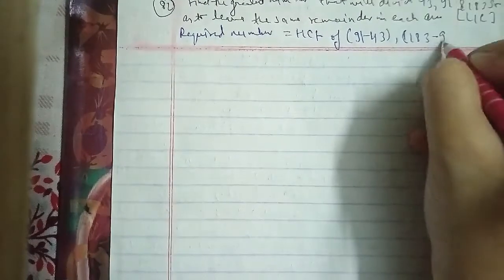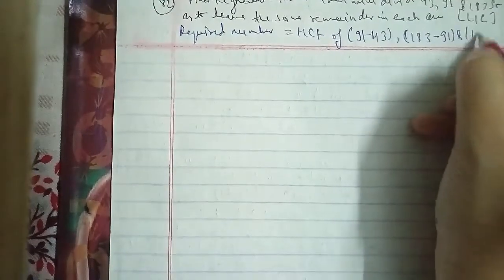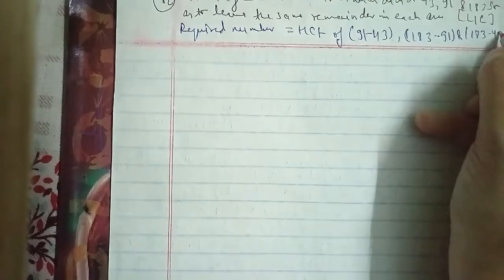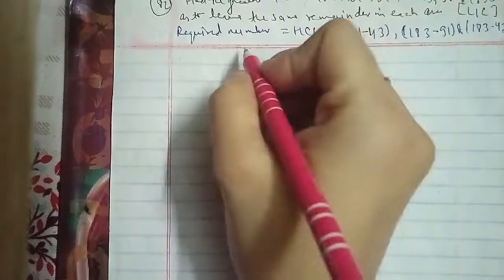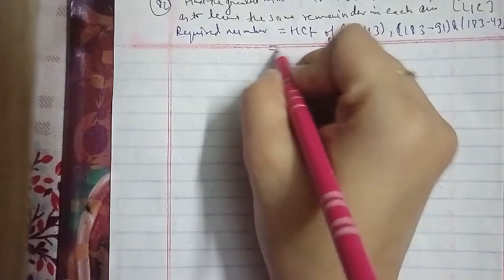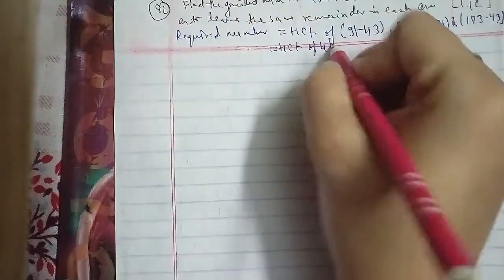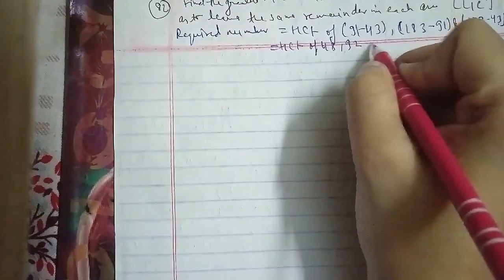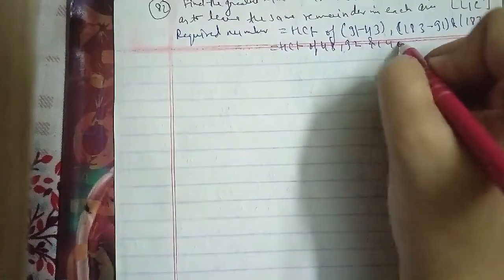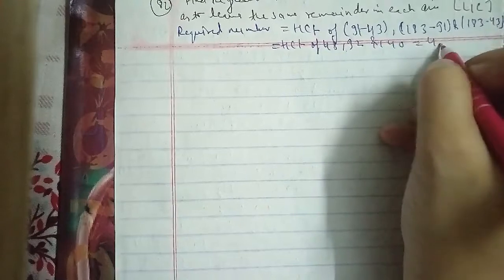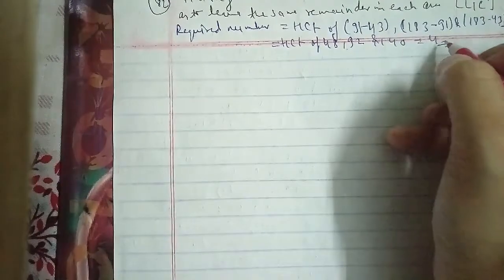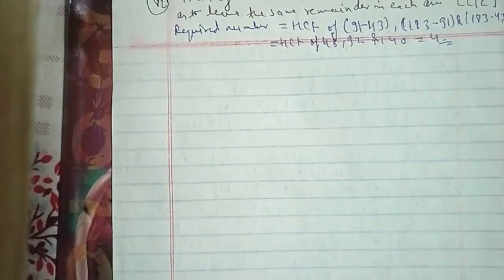So that is HCF of 48, 92 and 140, which is equal to 4. That will be the right answer for the question. We'll go ahead with another one, which is the 83rd question of the session.